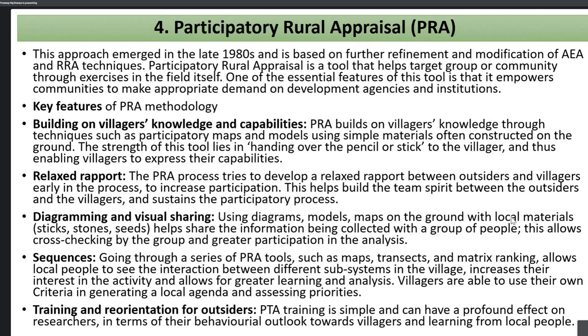It also does sequencing by giving relevant materials one after another. Training and reorientation for outsiders: PRA training, just that is simple, can have a profound effect on the PRA researcher in terms of their behavioral outlook and learning from the local people. And we also give training and orientation to the local people.